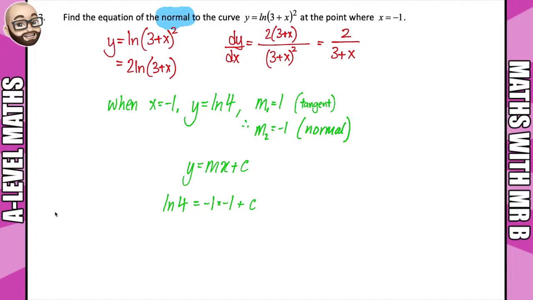So minus 1 times minus 1 is positive 1. That means c is going to equal ln of 4 minus 1. And therefore, the actual answer to the question, the equation to the normal, is going to equal y equals minus x plus ln 4 minus 1.